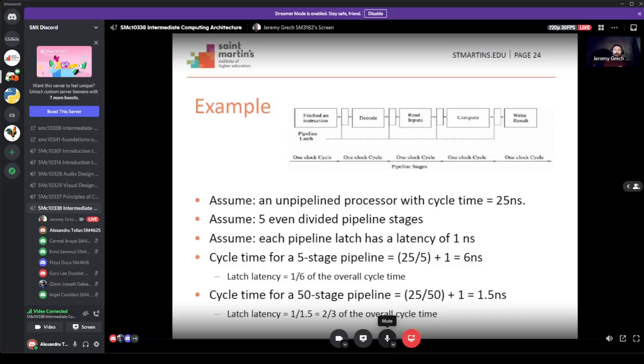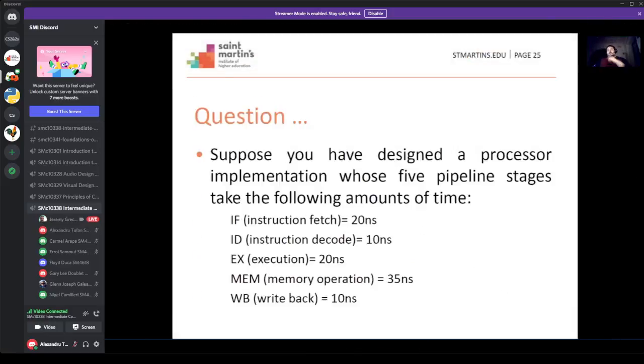Okay, so here's a question, to delve a bit deeper into the same ideology. Let's suppose that you are asked to design a processor which has 5 stages. The 5 stages have different completion times, which is more realistic to what we were talking about up to this point.